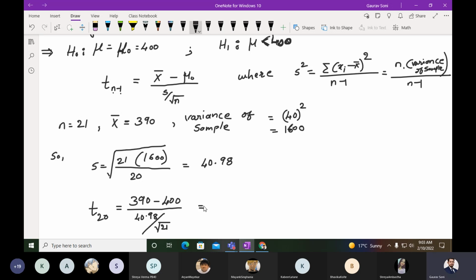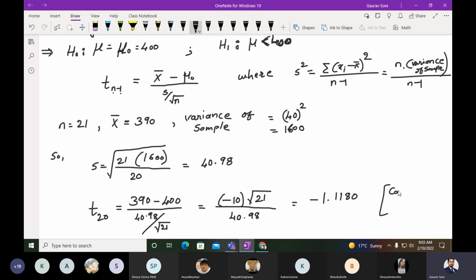So this is minus 10 under root 21 divided by 40.98, and the value is minus 1.1180.